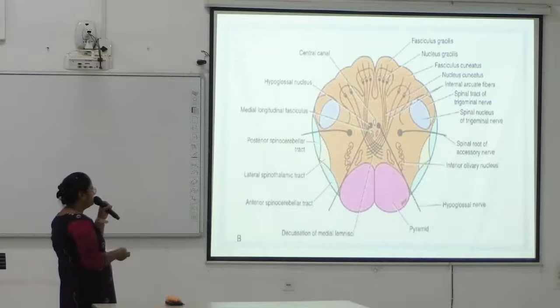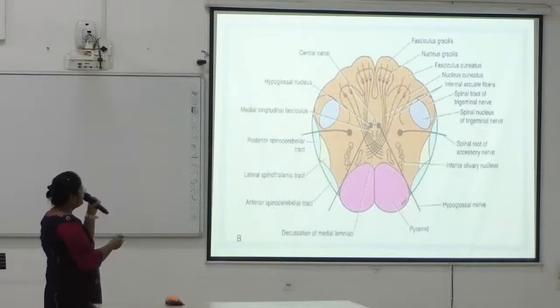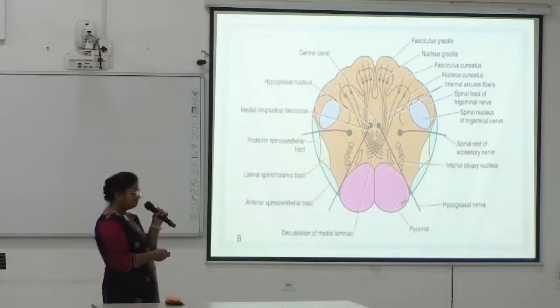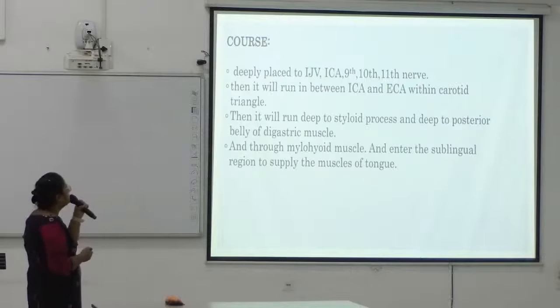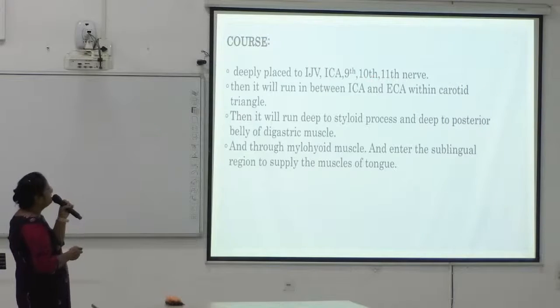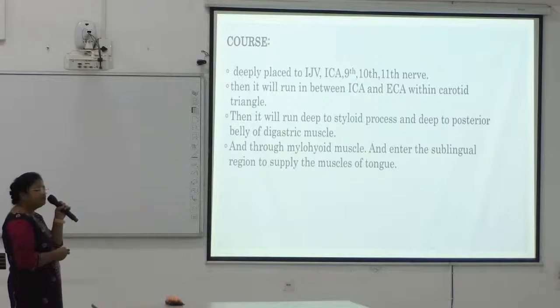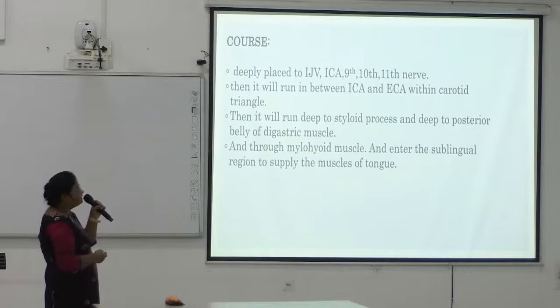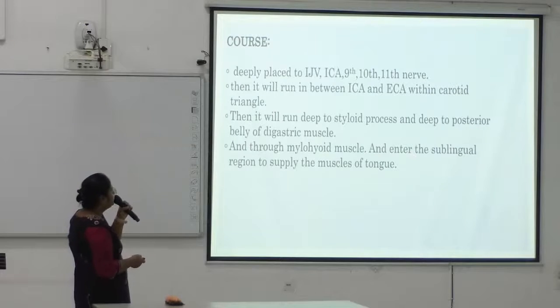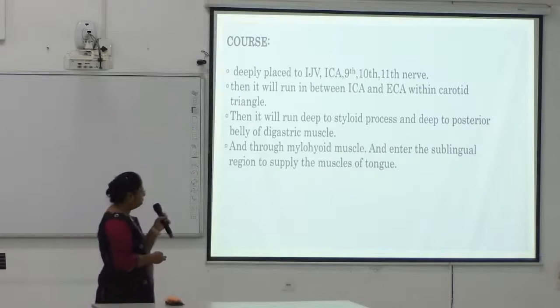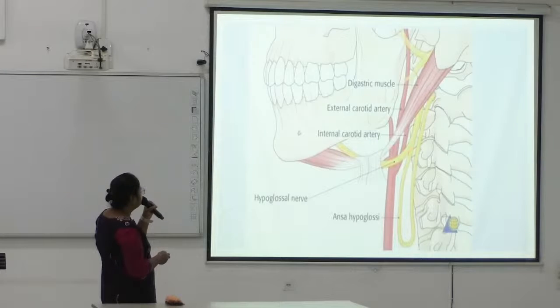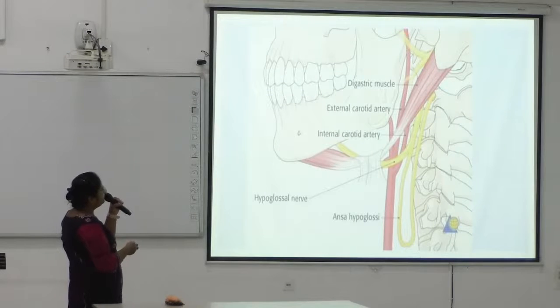Passing between the internal jugular vein and internal carotid artery, the nerve then goes through the mylohyoid muscle and enters the lingual region to supply the tongue, passing to the posterior belly of the digastric.